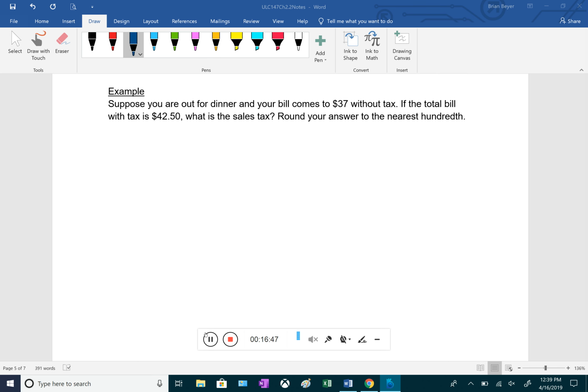Okay, so setting this up here, we have X is what we're looking for. So it's going to be X is the sales tax. And setting up an equation, this is going to be a percent added question. So it's going to be the new price equals the original price plus the sales tax.